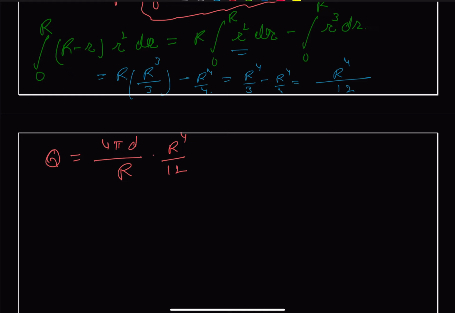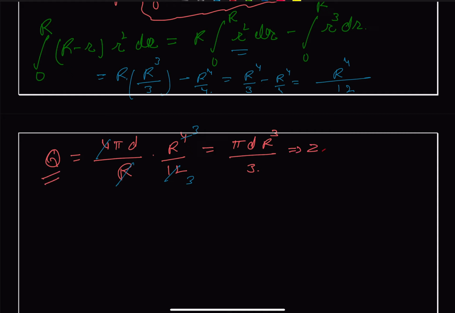And we can cancel it, 4 goes by 3 and R4 goes by R, and we are left with pi d R cube divided by 3, and total charge we know is nothing but Ze.